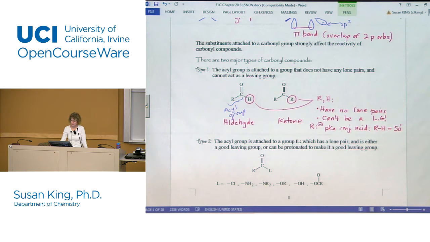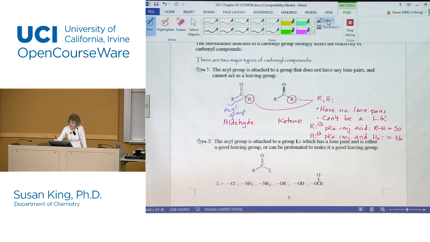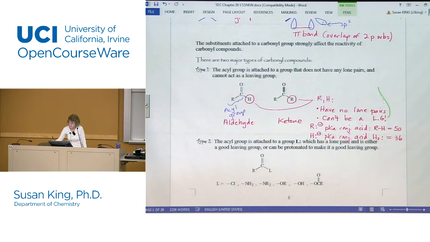Not going to happen. Let's look at H minus as a leaving group. Because if those groups left, that would be our leaving group, H minus. The conjugate acid is H2, and that has a pKa of 36. So also a horrible leaving group. Okay, so just to remind us, again, let's label this. Good leaving groups are weak bases. These are not weak bases. Good leaving groups are weak bases.